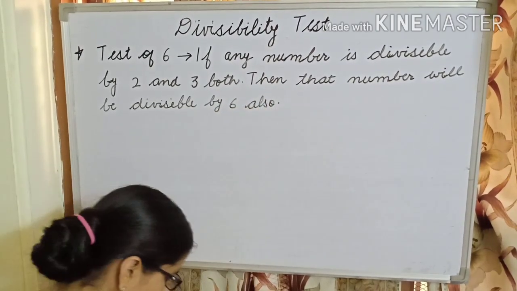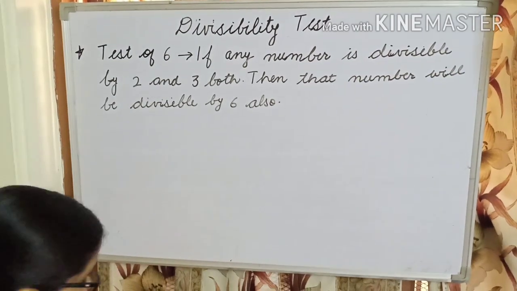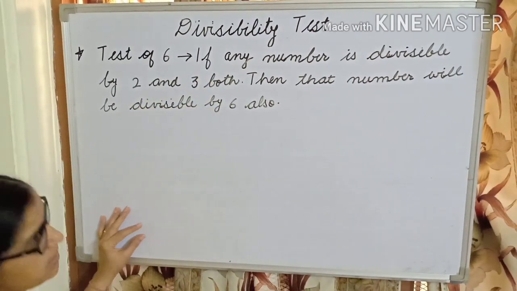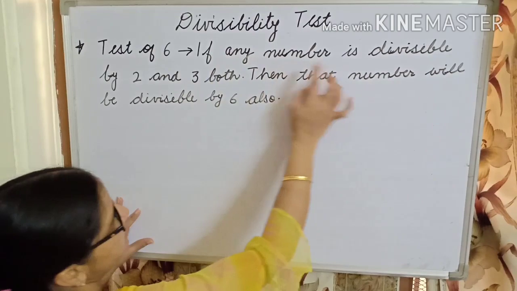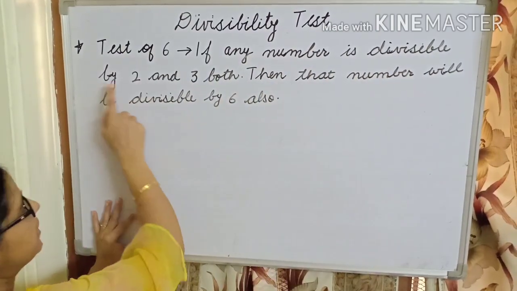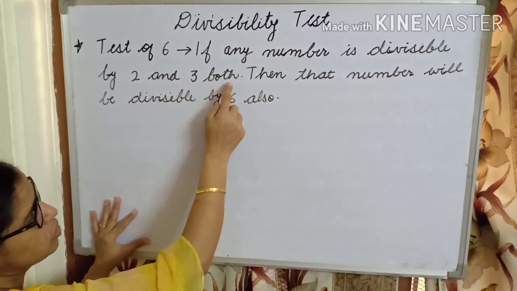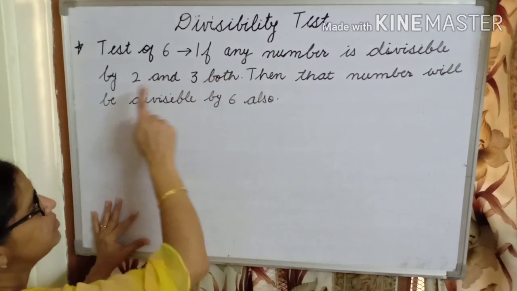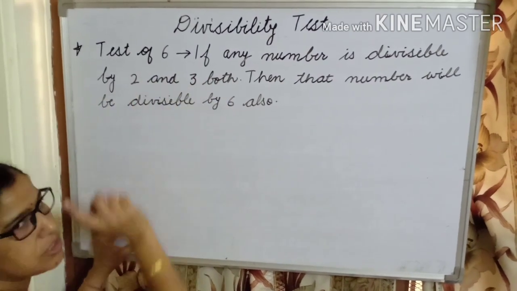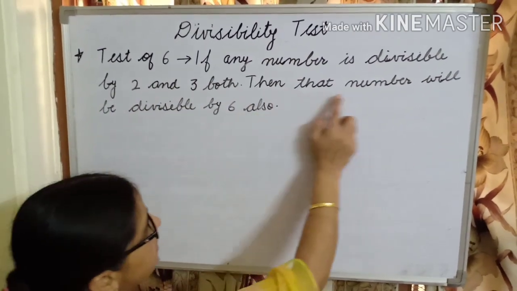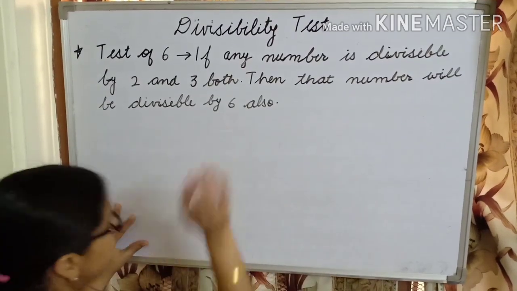First understand the meaning. If any number is divisible by 2 and 3 both, it must be divisible by 2 also and 3 also, then that number will be divisible by 6.